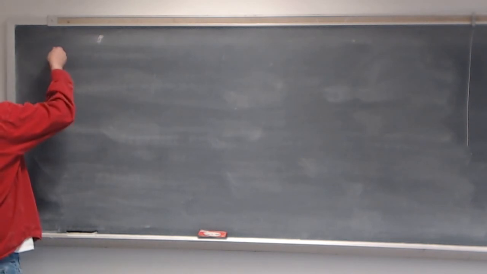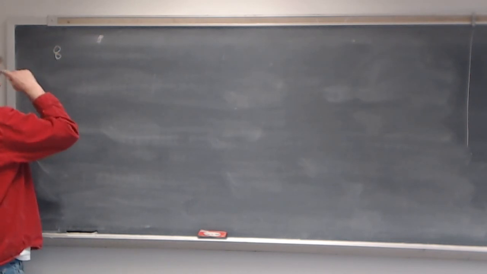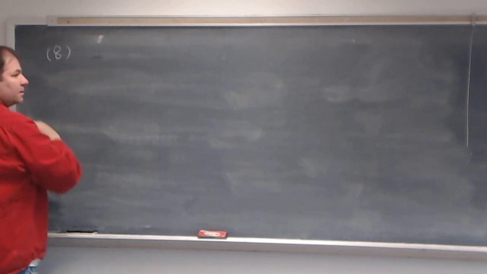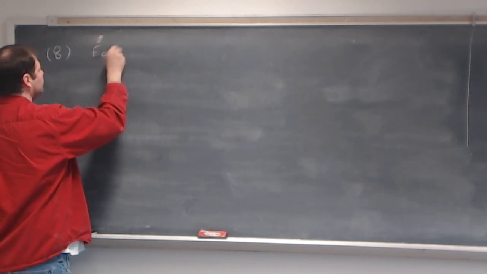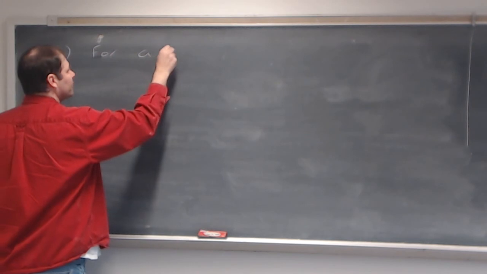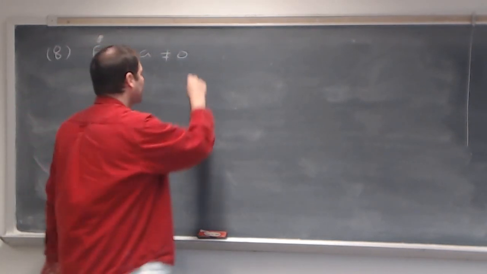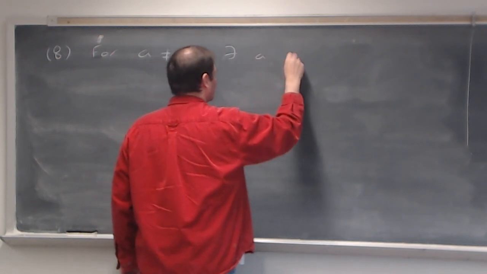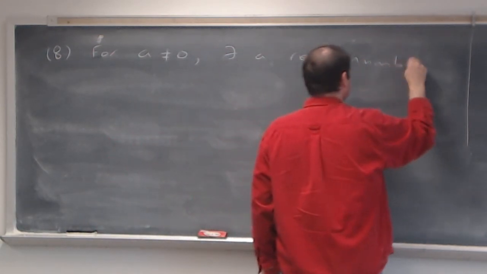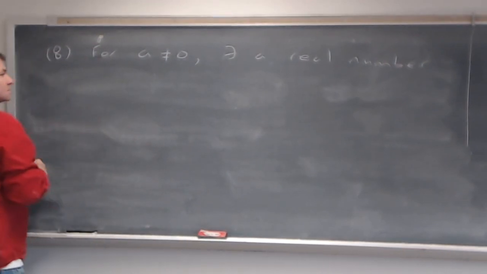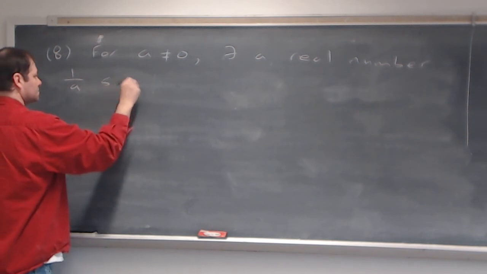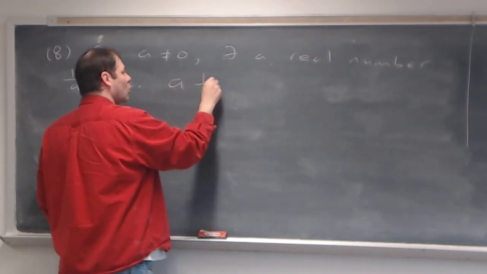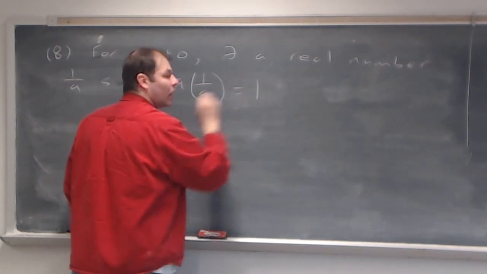Okay, an eighth property is that for A different from 0, so for all real numbers that aren't 0, there exists a real number 1 over A, such that A times 1 over A is equal to 1.